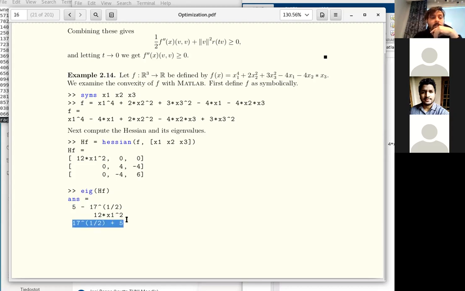And this is adding 2 positive numbers, so that's positive. Regardless of what real value x1 obtains, this could be 0 when x1 is 0, but otherwise it's positive. So this is positive semi-definite, and definitely it's convex. I don't know, don't care if it's strictly convex. It probably is strictly convex, but that's not what was asked here.